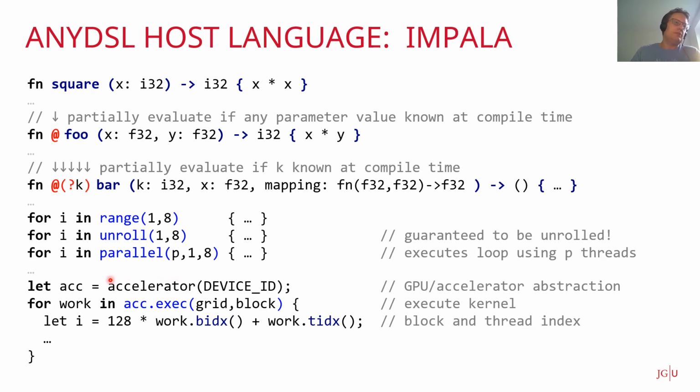In this case, you call the function accelerator with a device ID, get back an object called acc here, which provides a function called anyseq, which you can use to start a kernel with grid and block dimensions of your choosing. And in the body of the for loop, you can then write your kernel with access to block index and thread index.